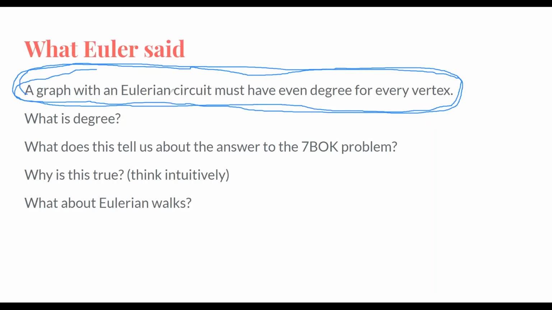Because you have to have an even number so that you can come back. Interesting thought. So thinking about what it means to have an even degree. Oh, we're also assuming it's simple and connected, by the way. So we're not going to deal with loops or anything like that.